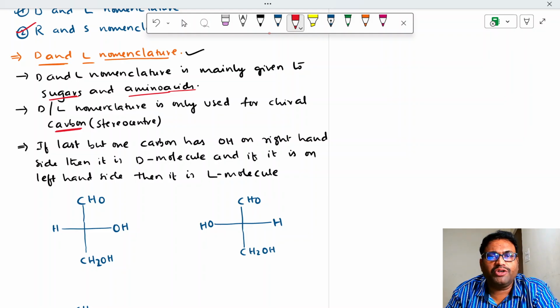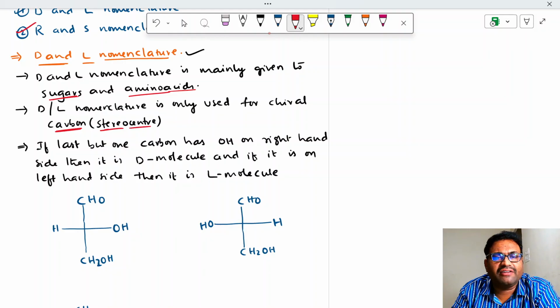For which carbon do you use D and L nomenclature? If the carbon is chiral. What is meant by chiral carbon atom? You know, the carbon to which 4 different groups are attached is called a chiral carbon. And only at that chiral carbon atom, which is also called a stereo center, we use this D and L nomenclature.